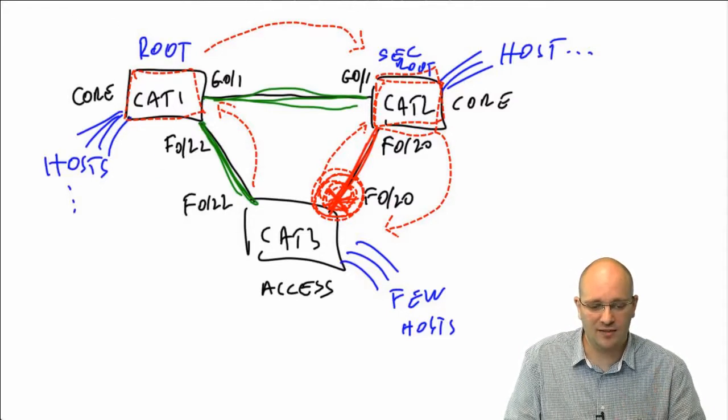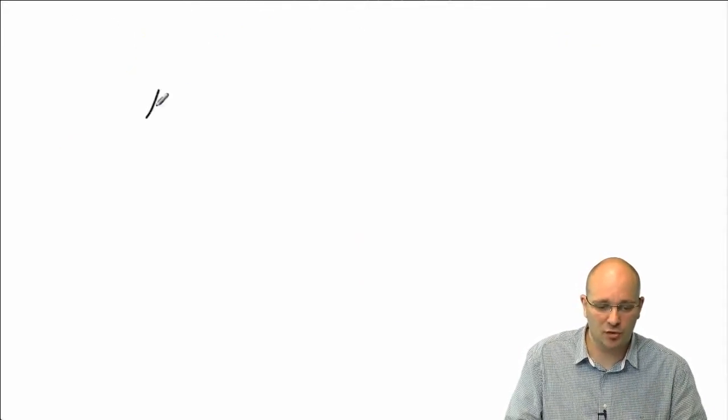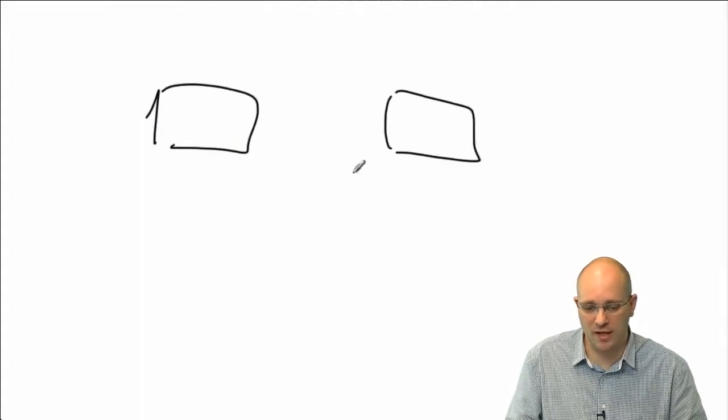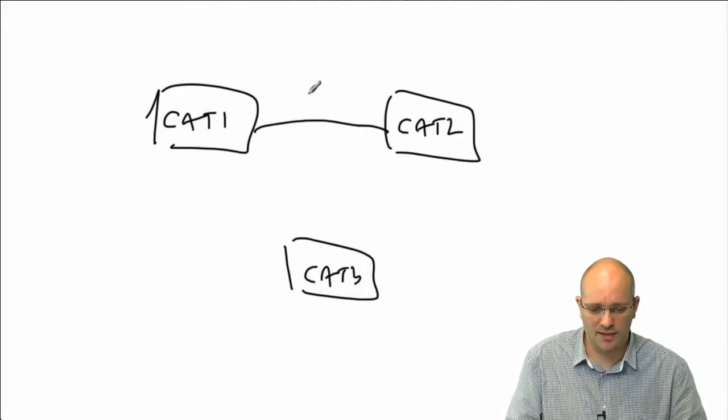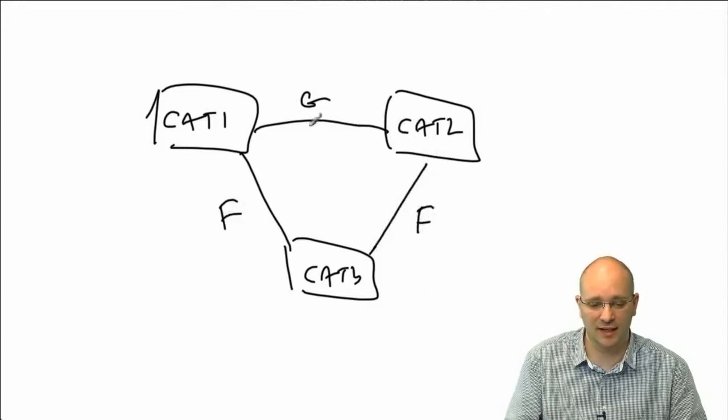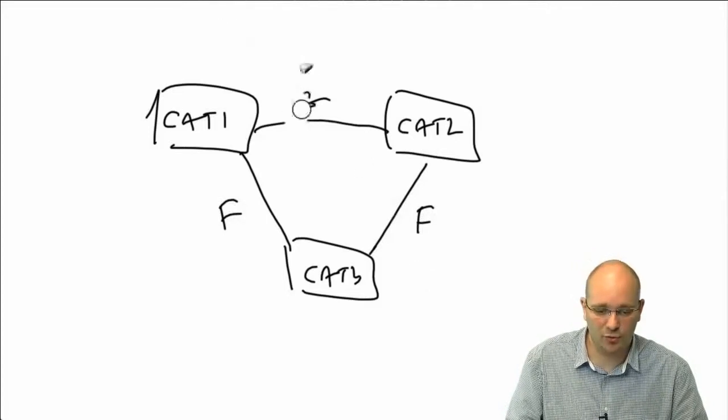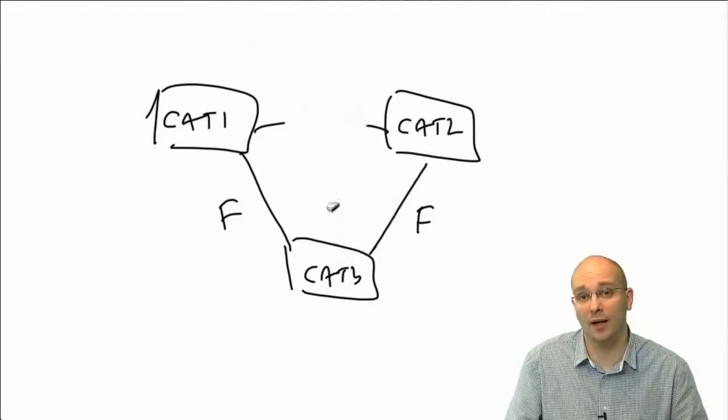So if Cat3 claims to be the root, the resulting spanning tree topology is going to look like this. So I'm going to have Cat1, Cat2, Cat3. Remember, this here is the gigabit link, this here is the Fast Ethernet link, and this here is the Fast Ethernet link. But the actual active topology is going to be like this.